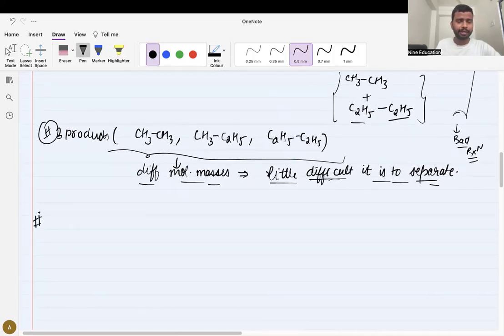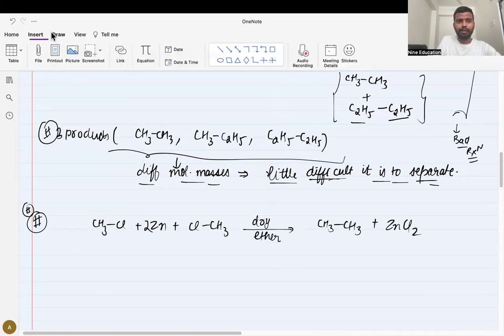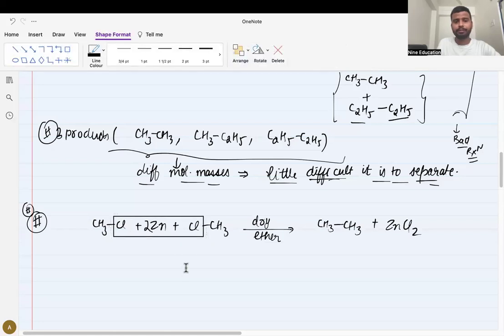One more example, if we take CH3Cl plus zinc, in place of sodium, I use zinc in dry ether. Same product I will get, CH3-CH3 plus zinc chloride, ZnCl2.